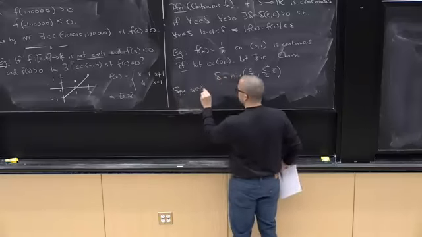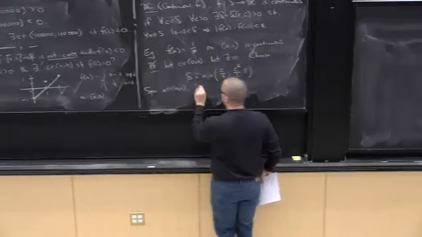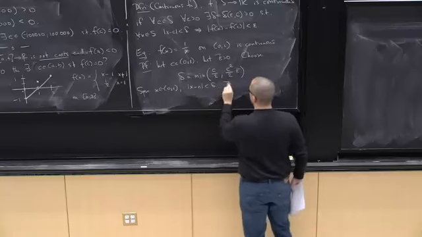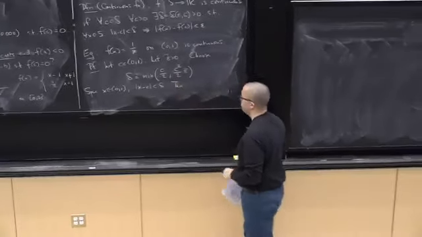Suppose x is in (0, 1), and |x minus c| is less than delta. Okay?